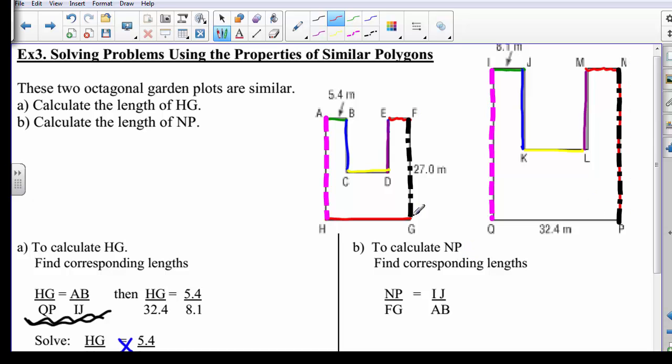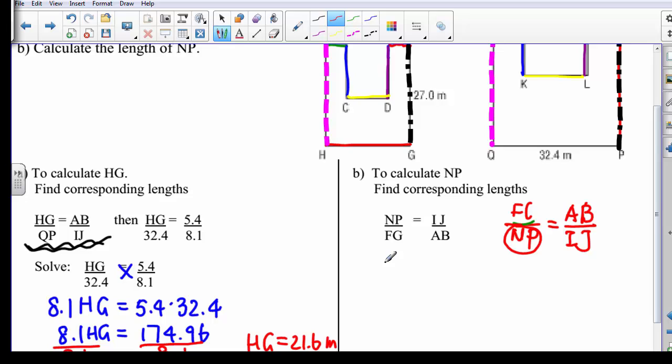NP corresponds to FG. So NP to FG equals IJ to AB. Of course, you can also use FG to NP equals AB to IJ to find the missing value, NP. So let's plug all the numbers in.